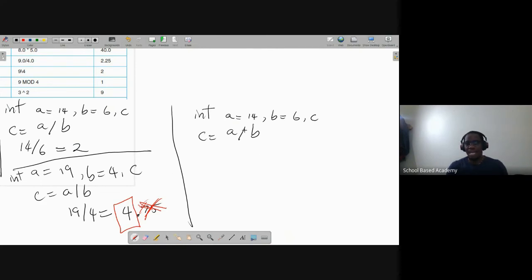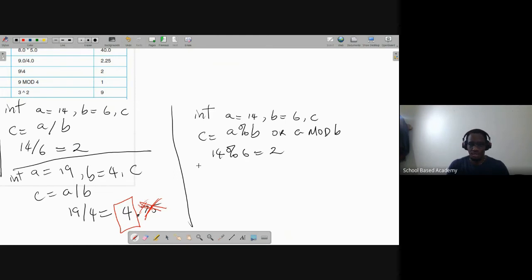If we said A mod B as our division operation, sometimes you see mod represented as a %, or you could see it written A mod B. They'll write it in both manners. 14 mod 6 is going to return a value of 2. Where did I get that 2? That 2 is the remainder of the 6 dividing into the 14.